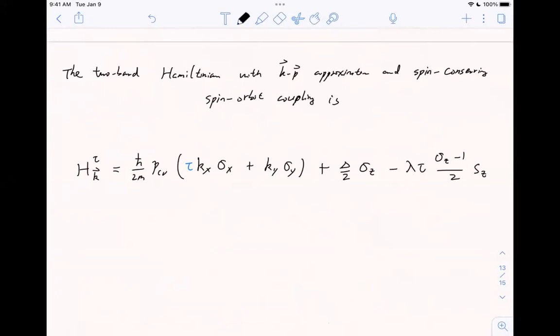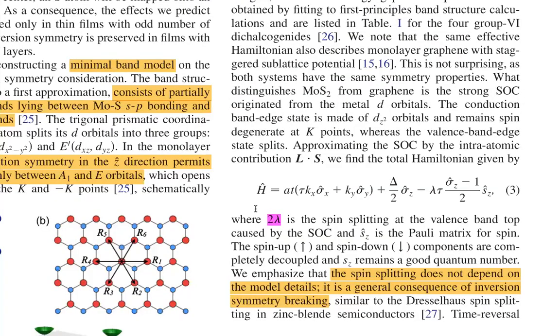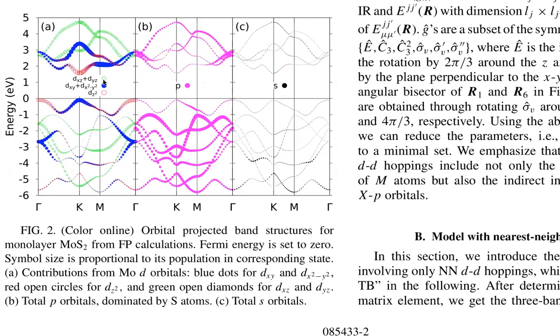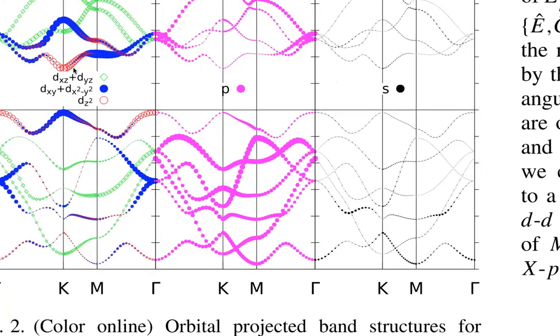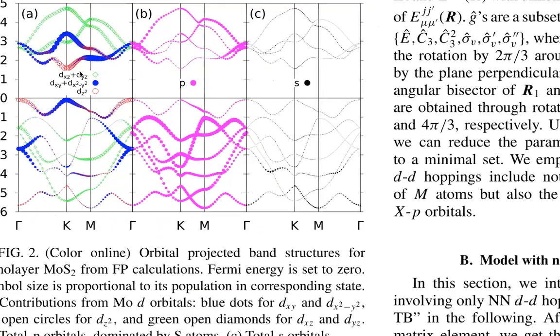So after they get this Hamiltonian, what are they going to do? They use this Hamiltonian to calculate the band structure and use that to fit the DFT result. You can have a DFT result with spin orbit coupling as well. DFT is something like a black box.